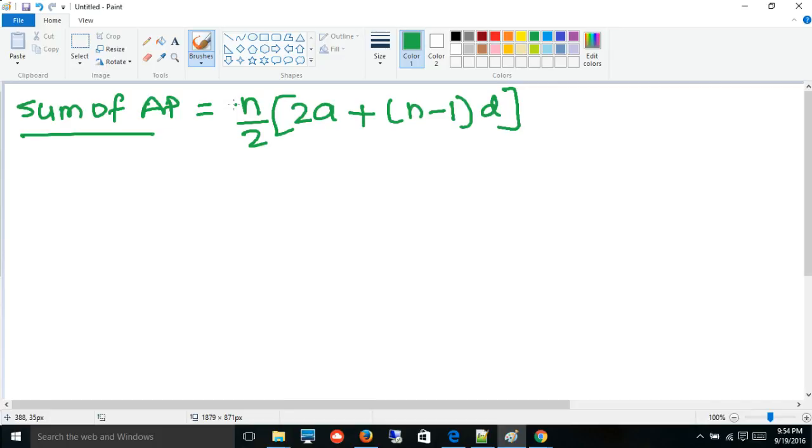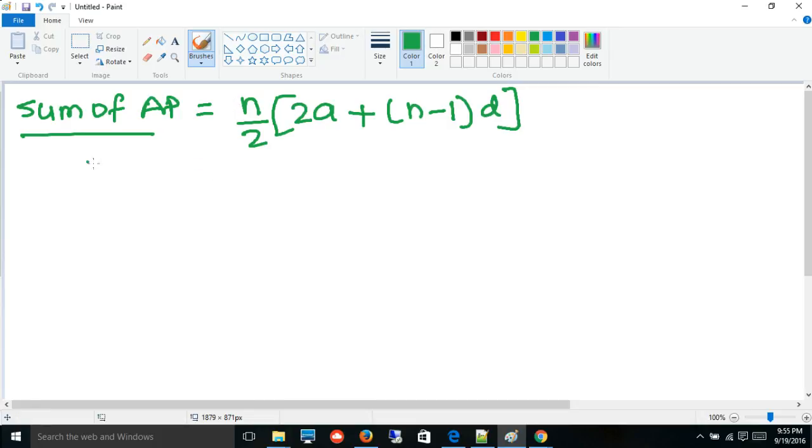Other formulas I'm not going to explain here, because I always prefer to learn one simple thing and use that simple formula with each and every question. You will get the answer from this formula. I will explain examples also.